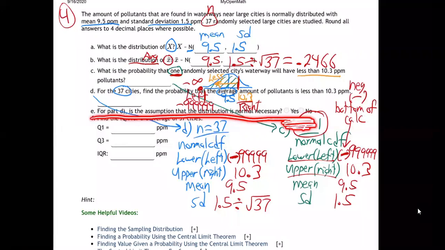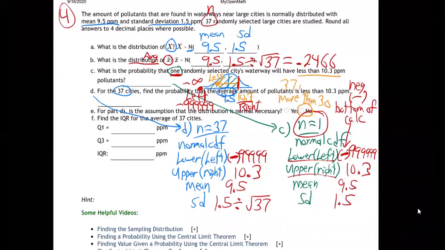No. Right. It's not necessary because why? It's more than 30. Yeah, exactly. So no is the answer on that one because it's more than 30, right? 37 is more than 30.